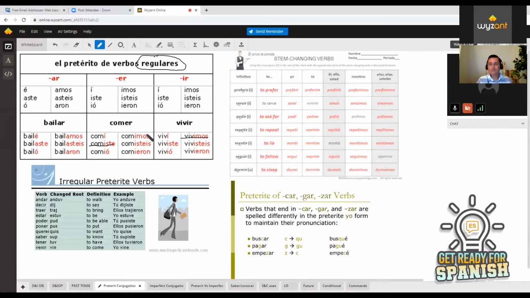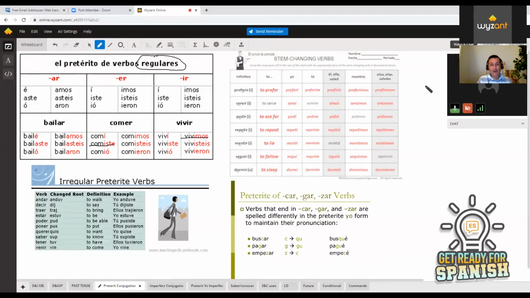Now, on the other hand, we have also stem changing verbs. We have a lot of irregular verbs in the preterite. We have spelling changes that make learning the preterite a little bit complicated because you need to memorize tons of stuff. I'm sorry about it, but that is the way it is.